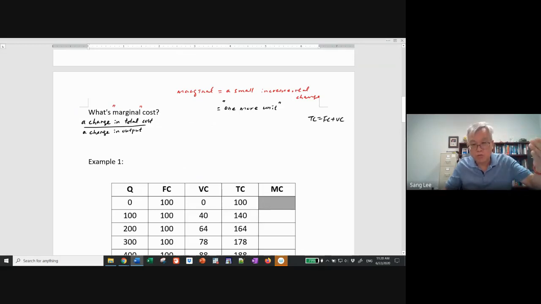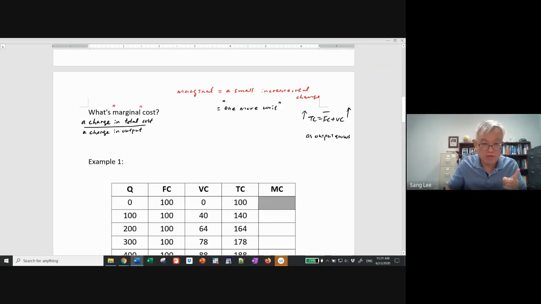As output grows, fixed cost remains the same, but variable cost increases. Since total cost is fixed cost plus variable cost, whenever variable cost rises, total cost will also rise.